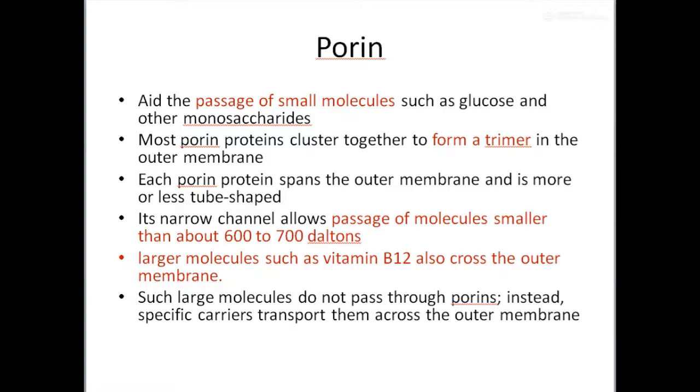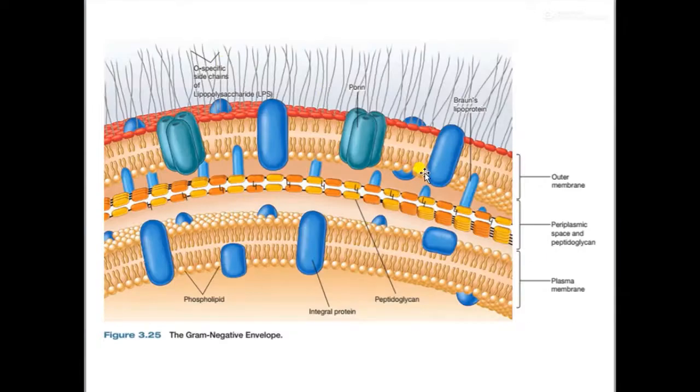And you can see such molecules will not pass through the porins, but instead there would be other specific carriers which will transport across the outer membrane. Now let me just show you the porins present in the outer membrane. These are the porins which will aid in the transport of particles across from the outer membrane towards the inner side.